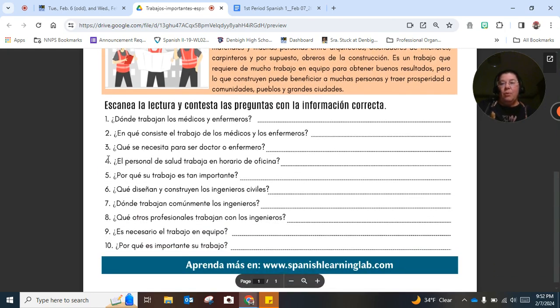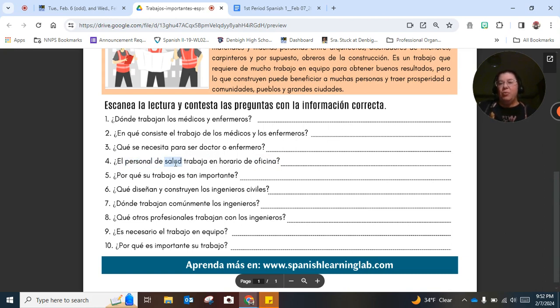So we're going to stick with cuatro and cinco because these two still deal with that first reading. El personal de salud trabaja en hora de oficina. Huh? All right. Personal, work, office. We talked about personal also being personnel. We talked about salud.